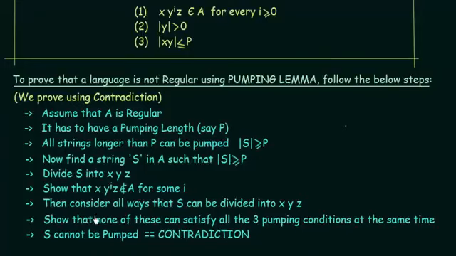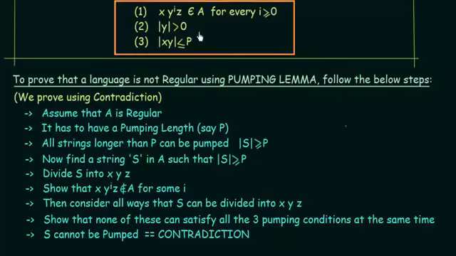Then you consider all ways that s can be divided into x, y and z. So you have to find all the ways in which you can divide this string s into three parts, x, y and z, and you show that none of these can satisfy all the three pumping conditions at the same time.